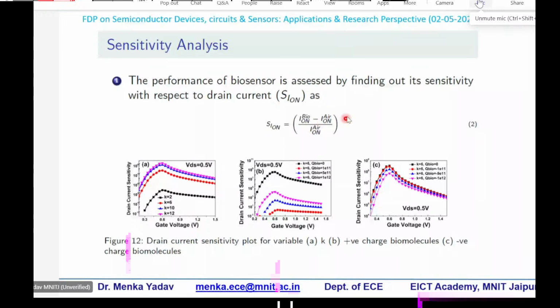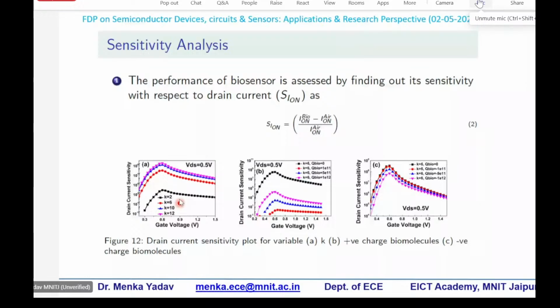So this was the drain current sensitivity analysis, and K is nothing but the relative permittivity constant. So K equal to 2, 6, 10, 12 are taken, and you can see that for every one of these we get a different curve.